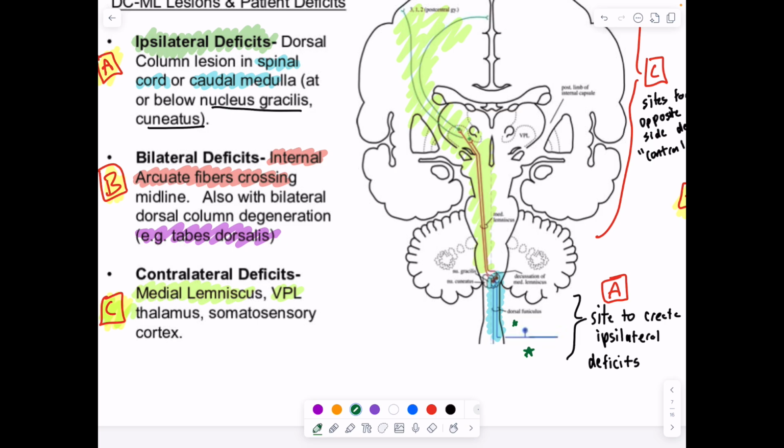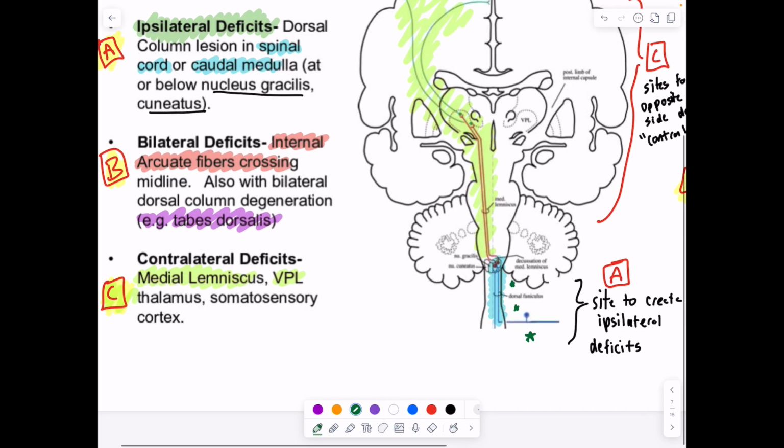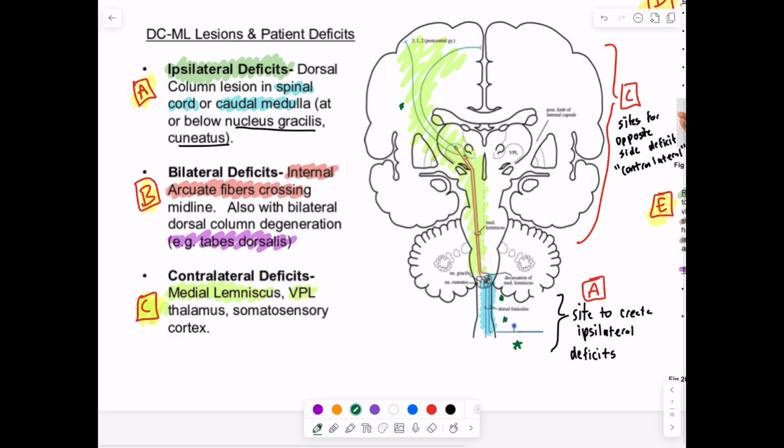So if you have a lesion on spinal cord, this region in blue, right before the nucleus gracilis, ipsilateral. If you have it in this region over here, so basically anywhere past that through the medial lemniscus up to the VPL of the thalamus, then you're going to have a contralateral deficit, okay?